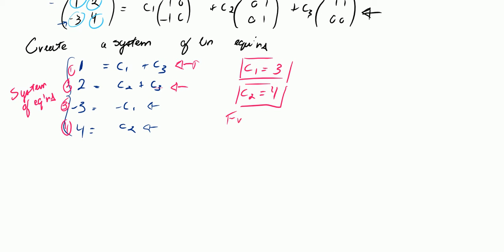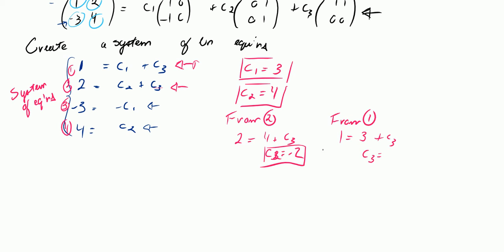So from equation 2, I get 2 equals 4 plus c3, so c3 is equal to minus 2. And then from equation 1, I get 1 equals 3 plus c3, so c3 is minus 2.